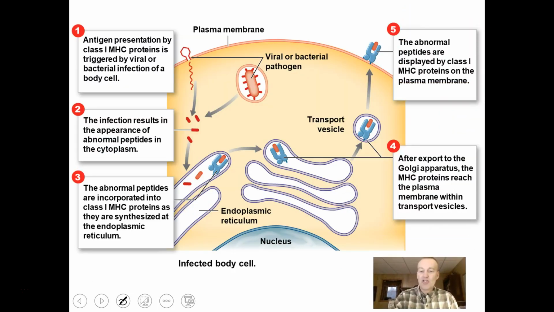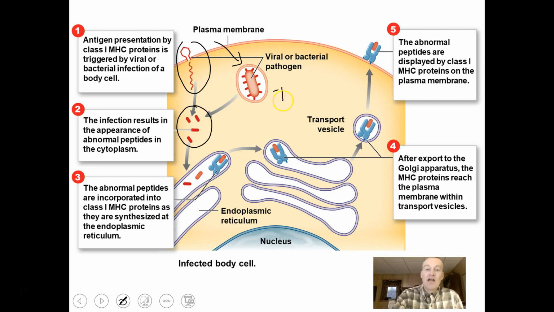So let me show you how these things work. We'll do the MHC1 class proteins first. So here we have some kind of organisms that have gotten into the bacterium. They have infected the bacterium, and so your body will respond to that internally and maybe digest some of those particular things.